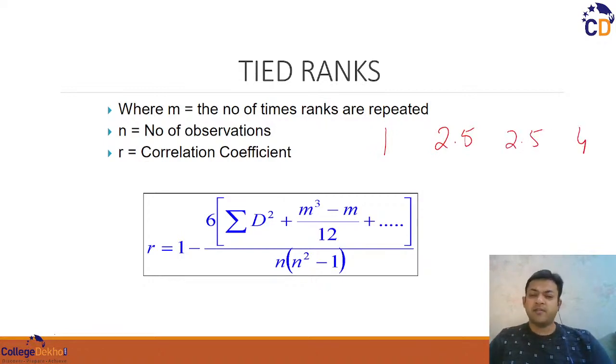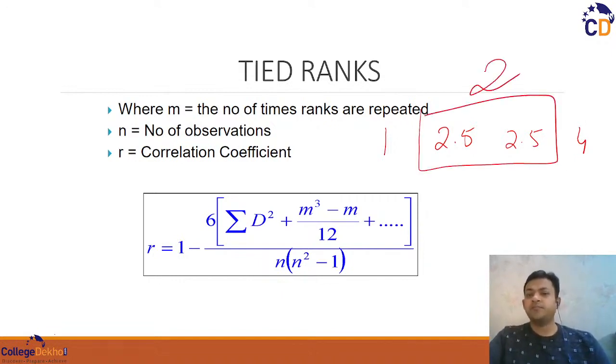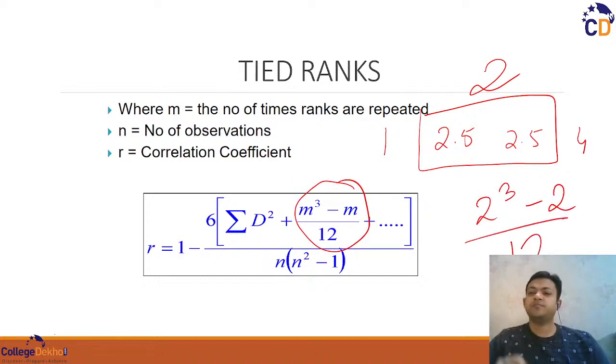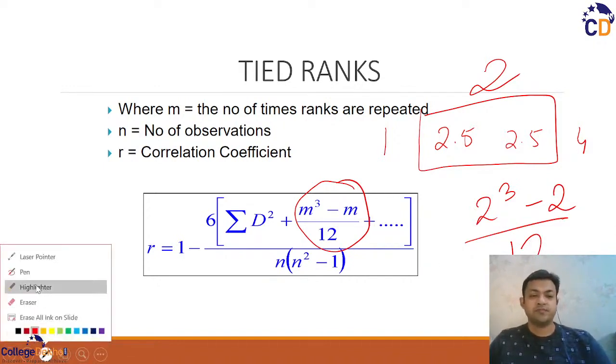In such a case, how many tied cases are there? 2 in all. So this term would become 2 cube minus 2 divided by 12. So that is 8 minus 2, 6 over 12, 1 over 2. The rest remains the same, nothing else changes.